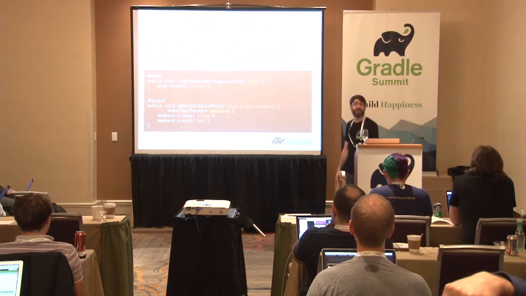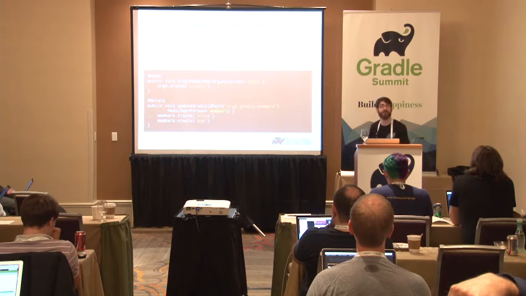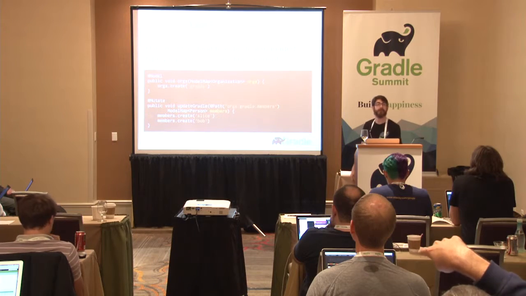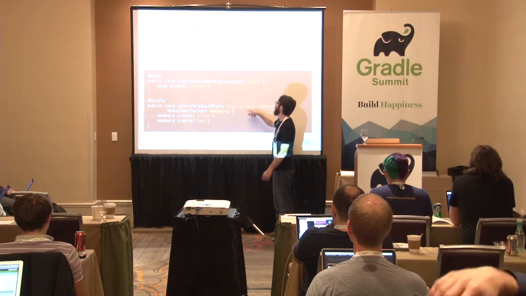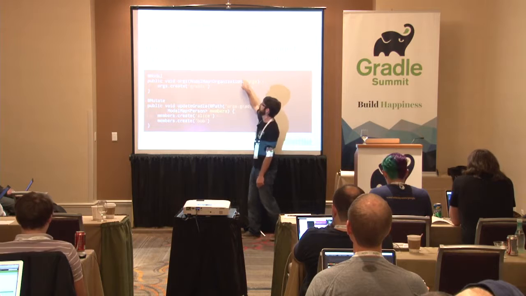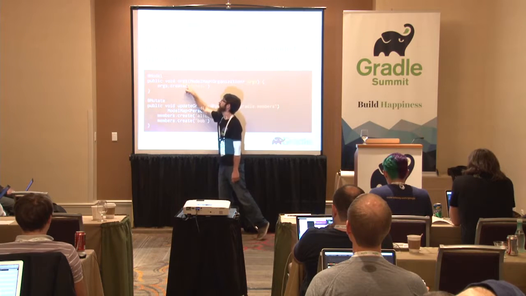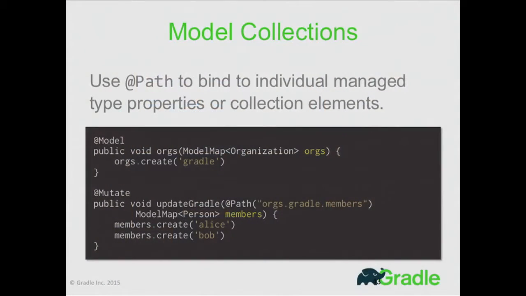Assuming there was something in the model called foo. Yeah, so the question is where's this path coming from? So here I'm creating a model element called orgs. So this is at the root of the model, right? Then I'm adding something with the name Gradle to that model element, right?